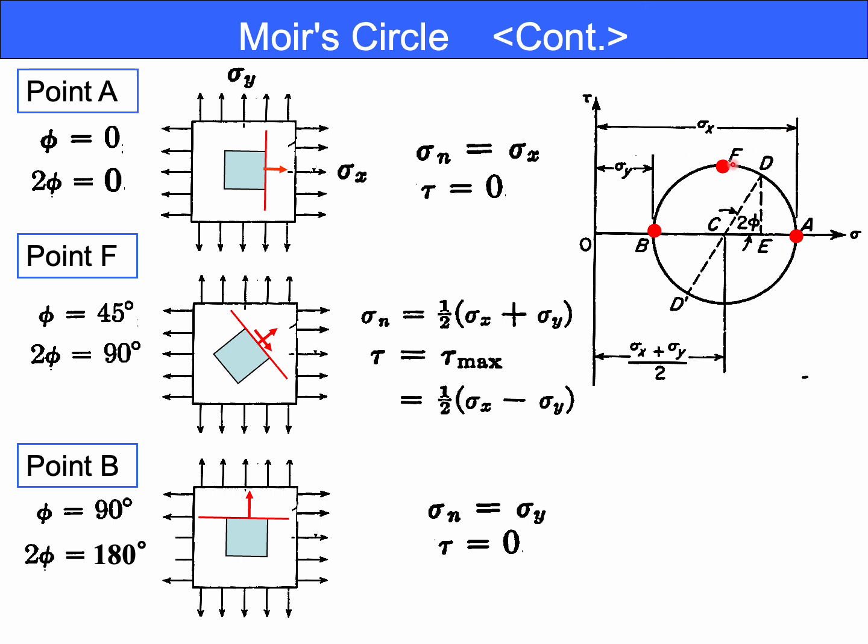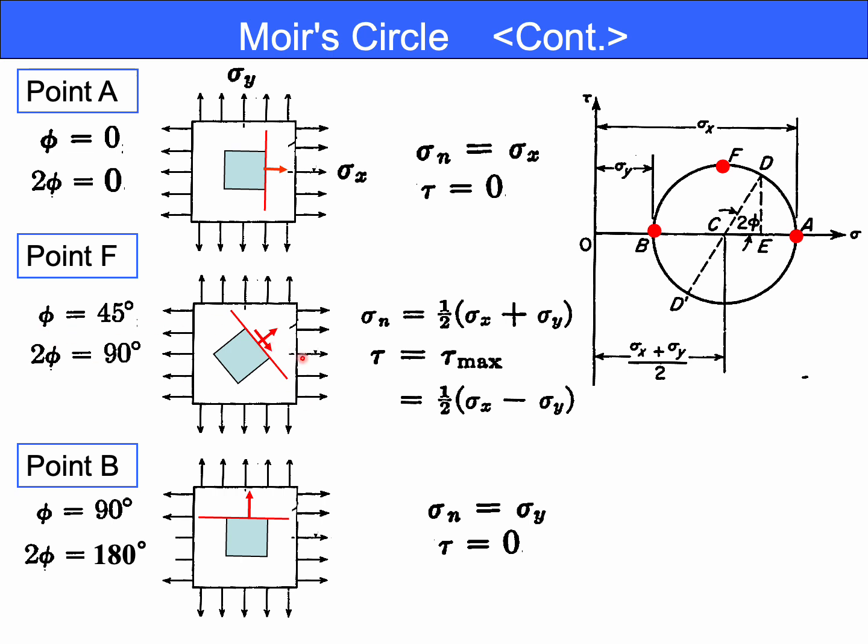Next, look at the point F. At this point, 2 phi equals pi over 2, 90 degrees. Therefore, phi equals pi over 4, 45 degrees. That corresponds to the plane as shown in this left figure.